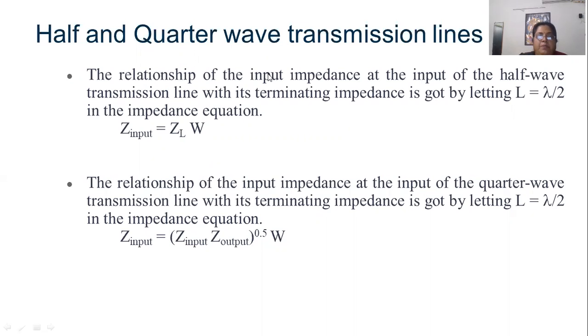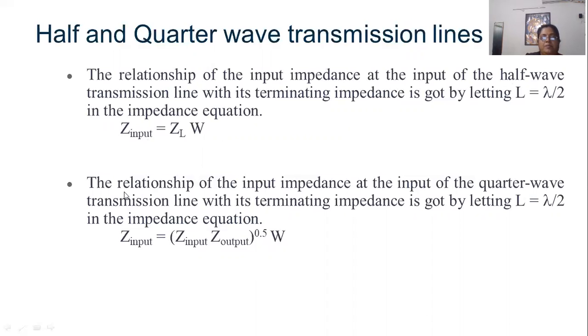The relationship of the input impedance at the input of the half-wave transmission line with its terminating impedance is got by letting the length of the transmission line be lambda by 2, where lambda is the wavelength. Now we will put this in the input impedance equation of the transmission line. Here Z input is equal to ZL.